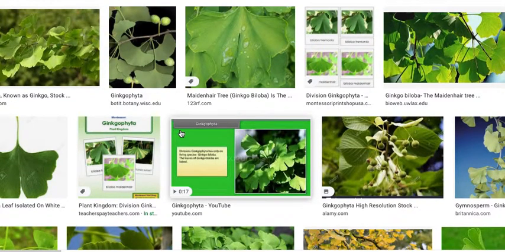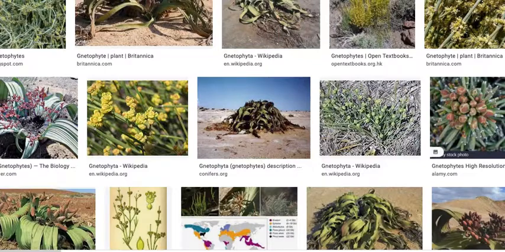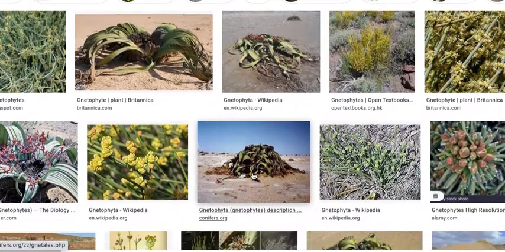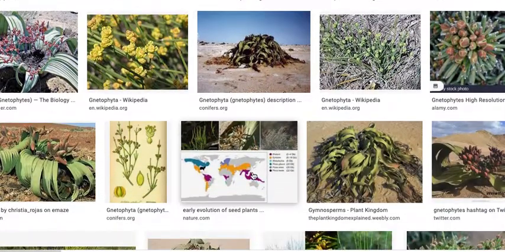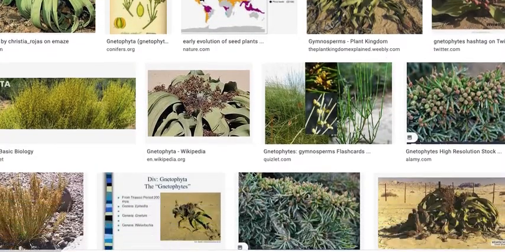Then there's one called the Gnetophytes, and I will bring up a picture of this. This isn't that pretty, right? So not many people grow this, but they are actually used a lot. Like if you've heard of Ephedra, it has ephedrine, which is a drug used very similarly in a lot of prescription drugs, so it was used anciently as a medicine.